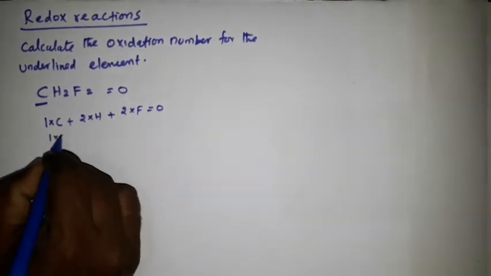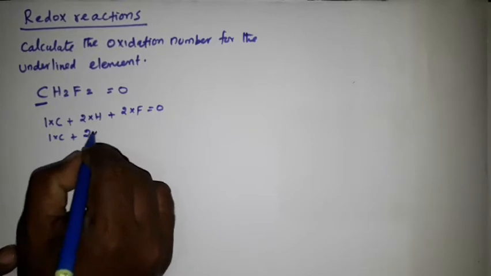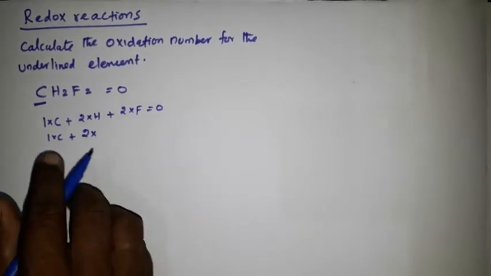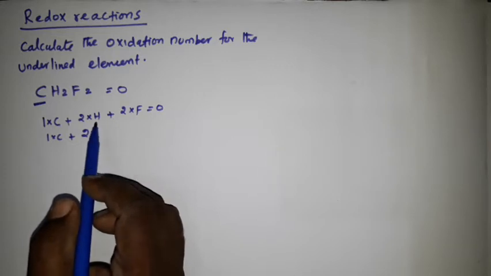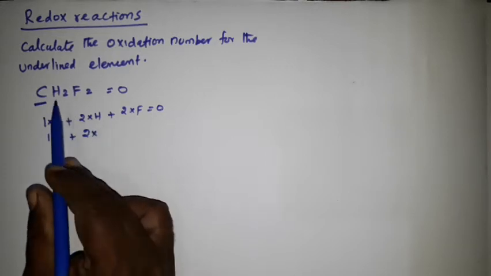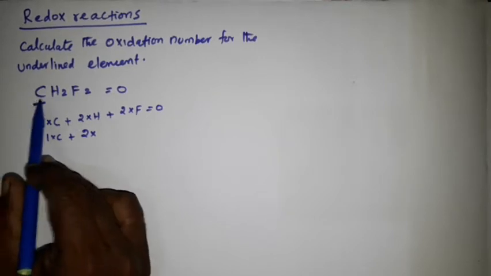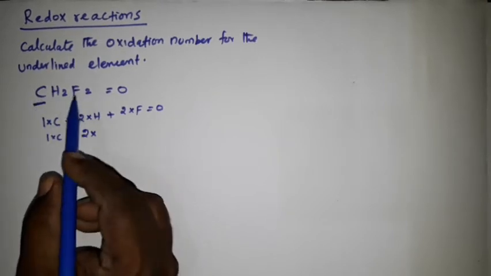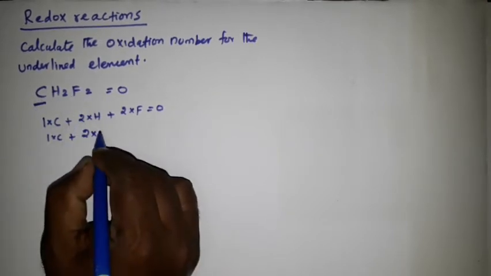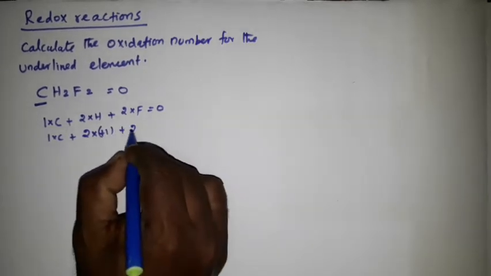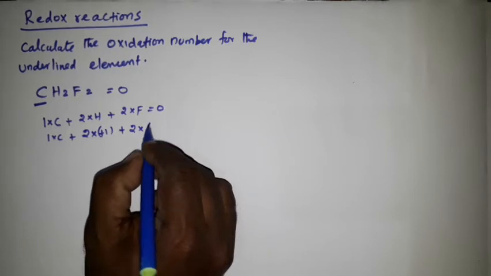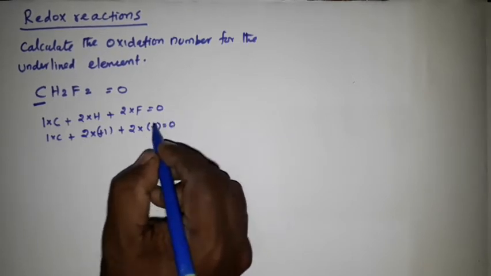So one carbon plus for hydrogen atom, see in the rules, if hydrogen is combined with non-metals, carbon is non-metal, fluorine is non-metal, so the oxidation number is plus 1. So write plus 1, plus fluorine always gets minus 1, equal to 0.